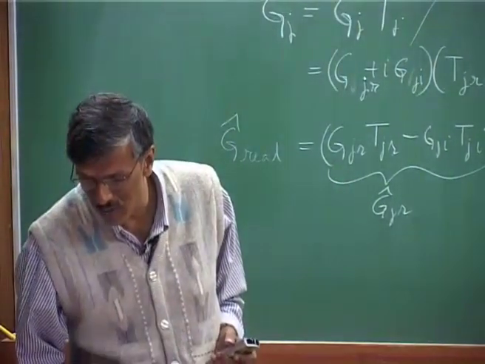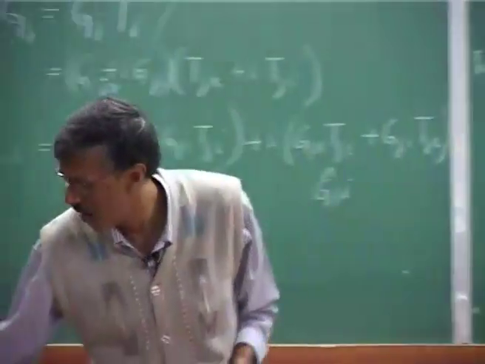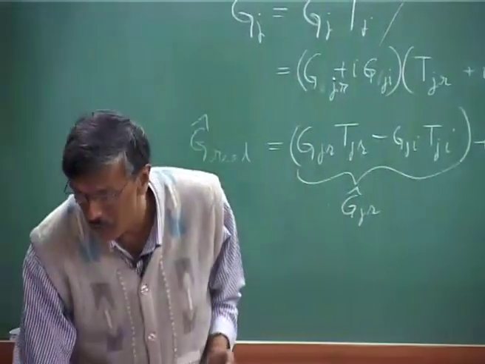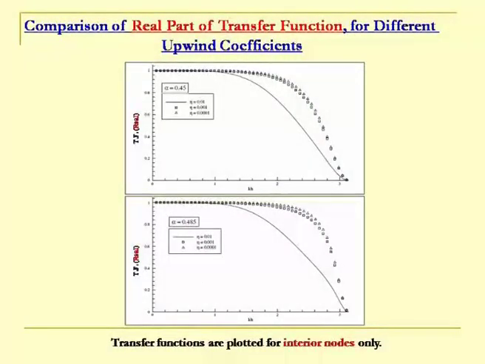Now, the previous case was for eta equal to 0.001 and alpha was 0.45. Here we are basically seeing the effect of the real part for different upwind coefficients, and you can see it gives us quite a bit of control. If I take eta equal to 0.01, I can see the filtering operation starts from a rather moderate value of kh of 1 itself.